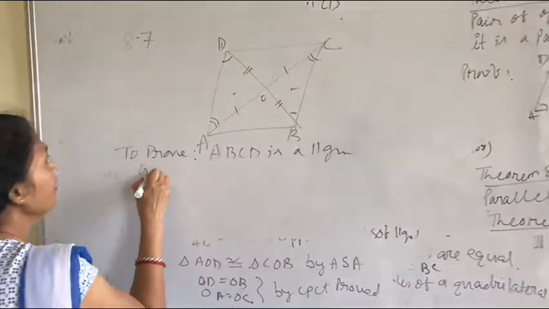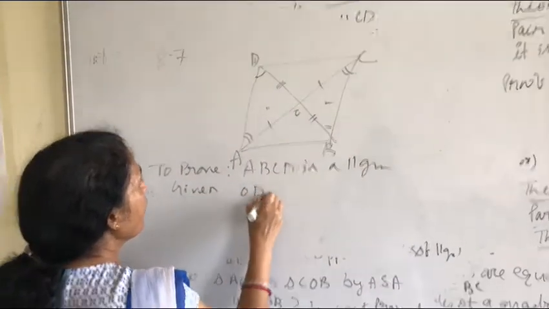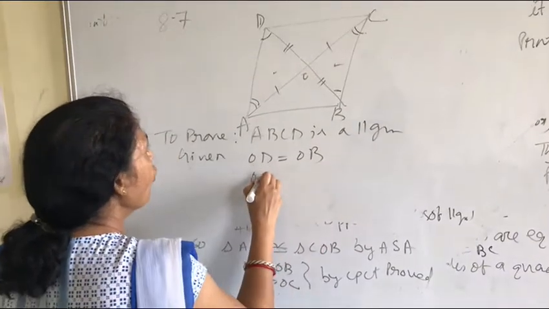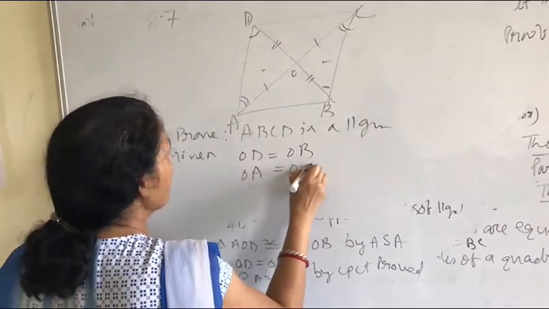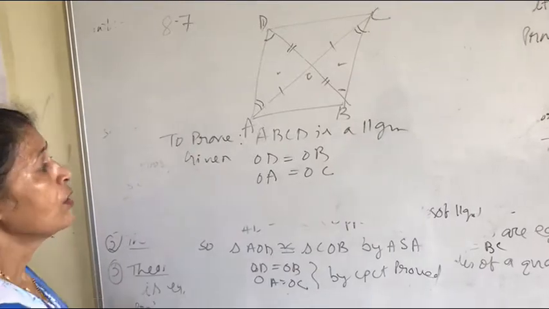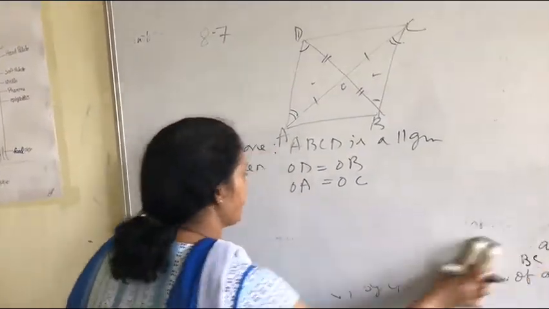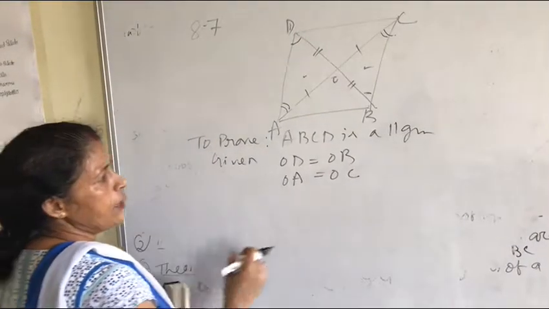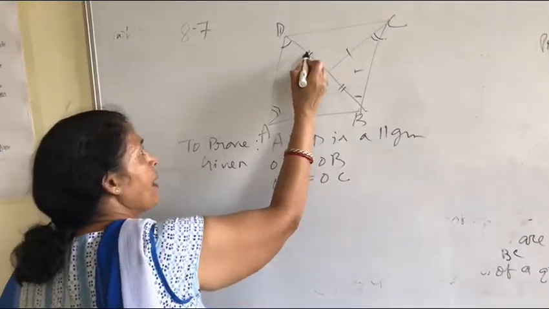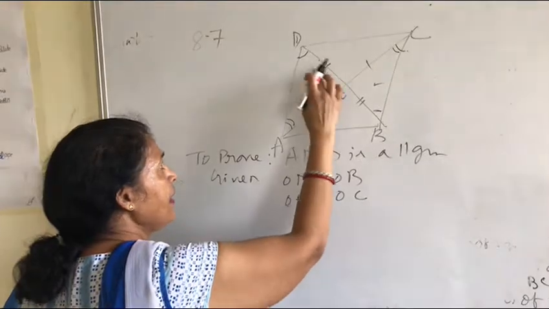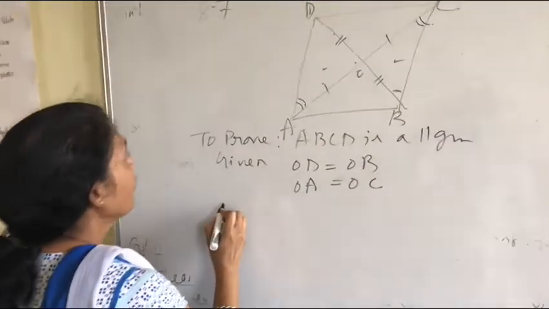What is given? Given OD is equal to OB, OA is equal to OC. So exactly the opposite of 8.6, by SAS. Clear?